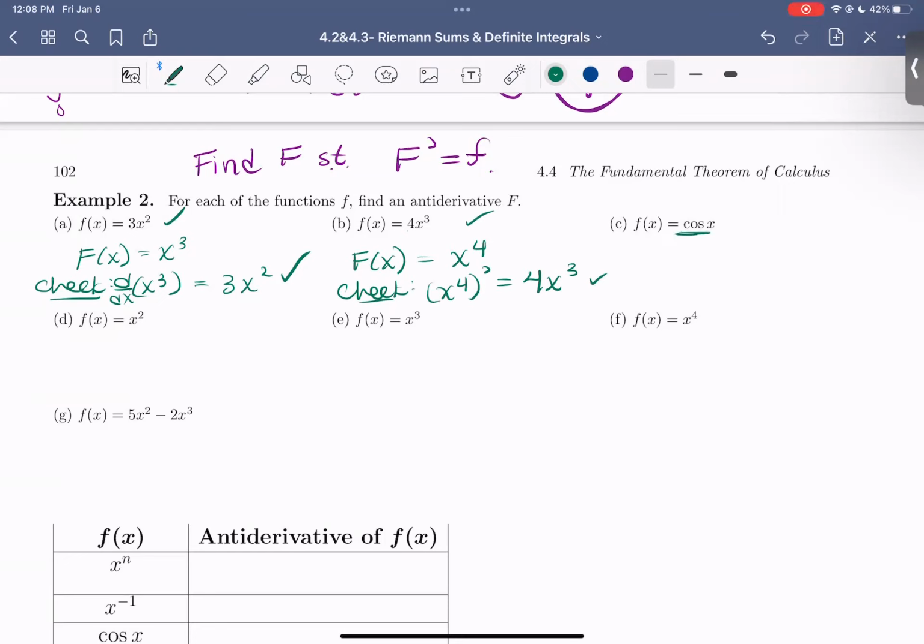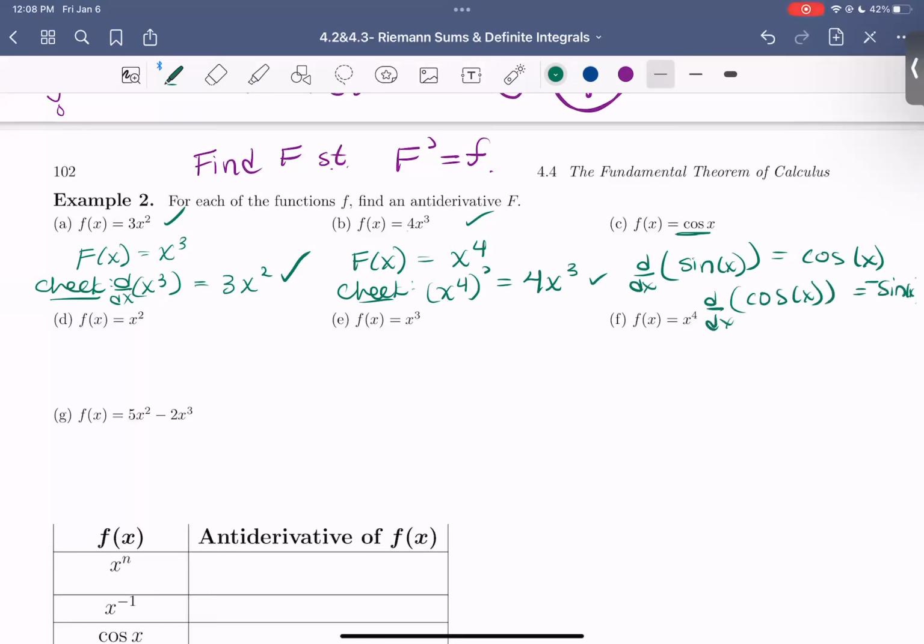What about for cosine x? Recall, sine and cosine, when we take the derivatives, have a nice relationship. If we have sine of x, take the derivative, we get what? We get cosine x. And when we have cosine x, take the derivative, we get negative sine of x.